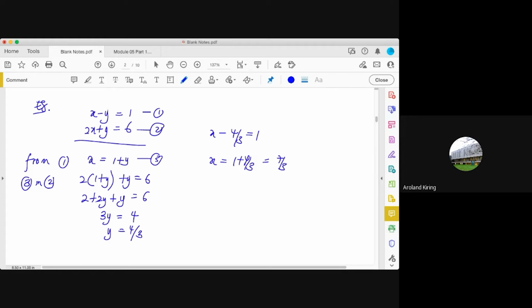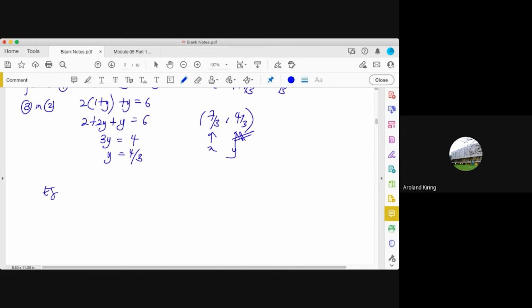Okay, so this is how it looks when you solve mathematically. You have specific values of your x and y. So your x and y are 7 over 3 and 4 over 3. This is the value of your x, this is the value of your y. So in this case, you have a unique solution.